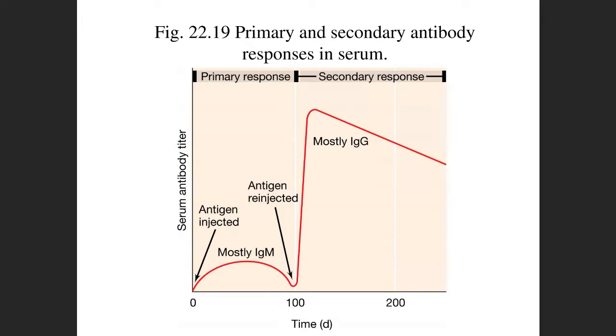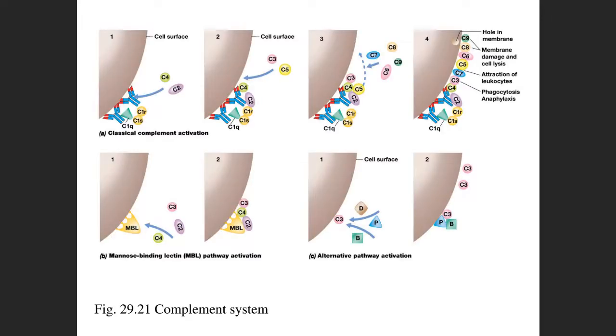Now, in addition to what you already know about the function of IgG, I wanted to expand on one more, which is what's called the complement system. How does antibody contribute to the killing of bacteria?